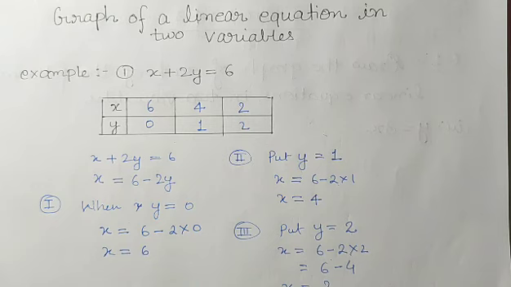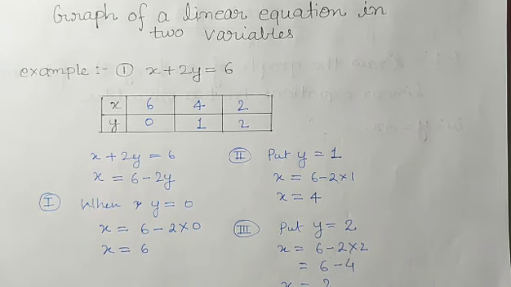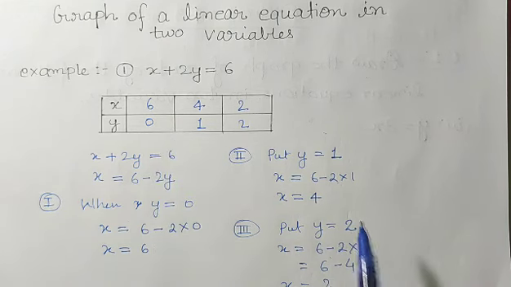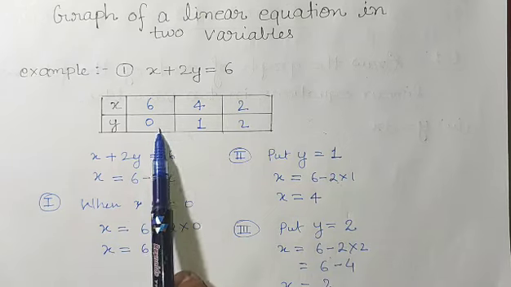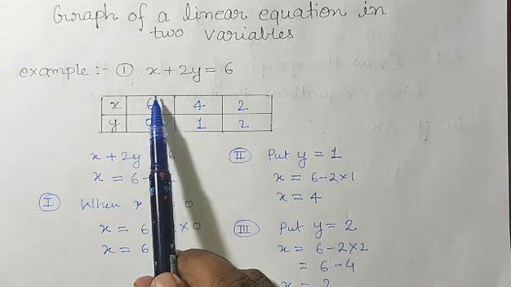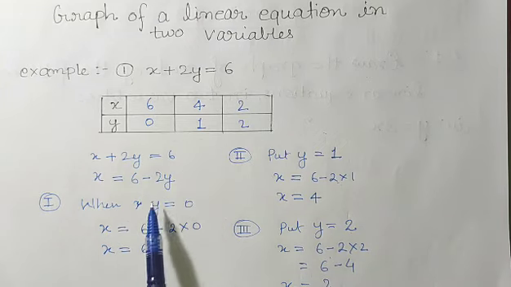Okay students, so with the help of these solutions, we can show them on the graph. Firstly, see students, we will write the values as ordered pairs. How can we write an ordered pair? See, the first solution is when y is equal to 0, x is equal to 6.